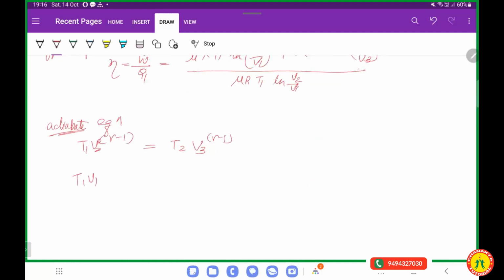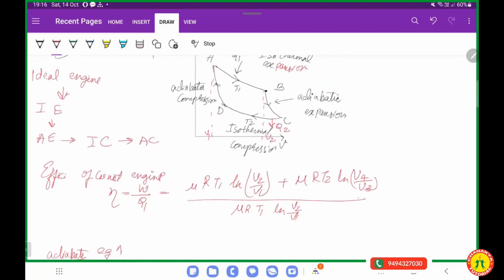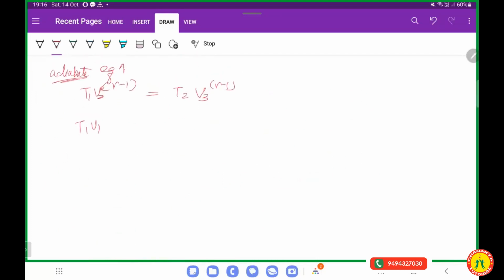So T1 V1 gamma minus 1 equals T2 V4 gamma minus 1. If we combine all this, the gamma minus 1 and the temperatures T1 and T2 will get cancelled. So we're left with V2 by V1 equals V3 by V4.